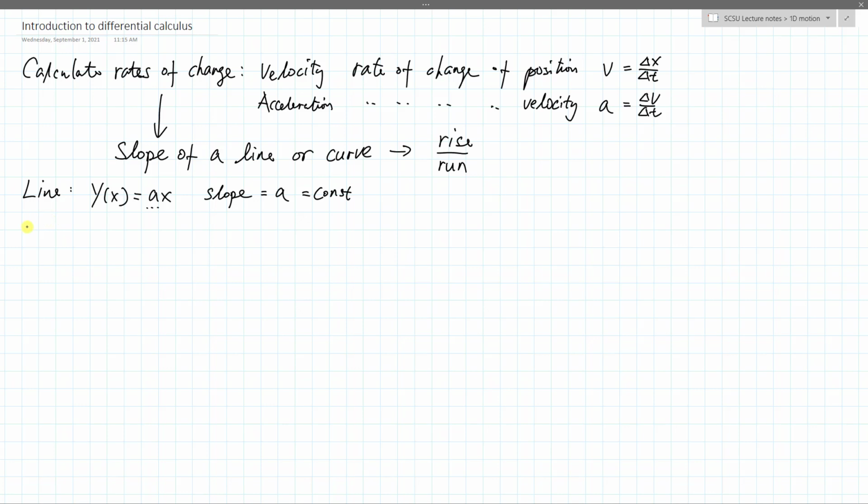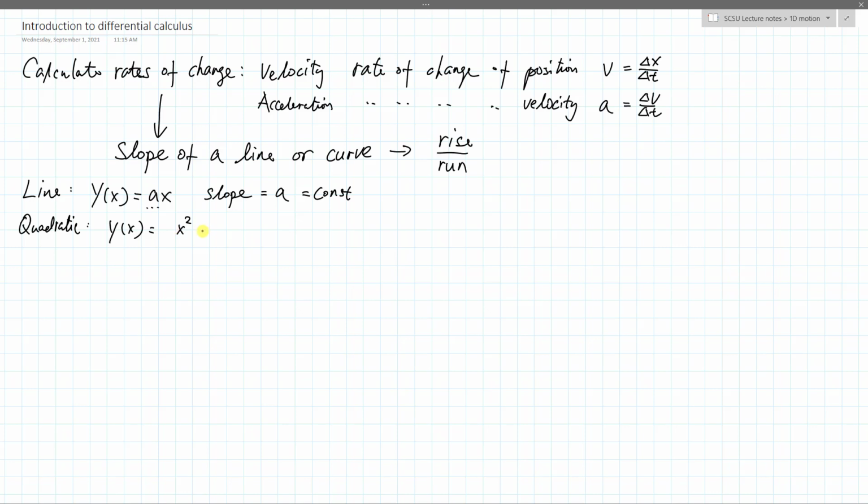Okay, and what about a quadratic function? Now we have y of x equals, what we actually had was just x squared, right? x squared. So I'm going to leave some space here, and we can explore that in a little bit.